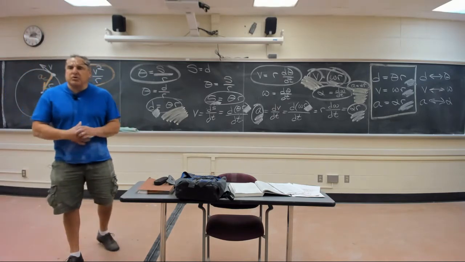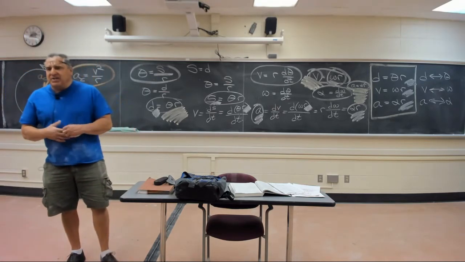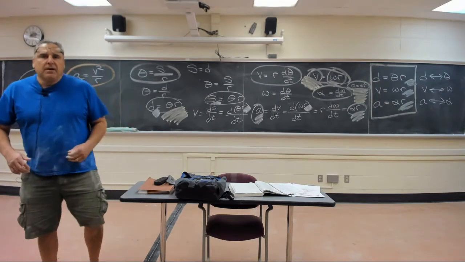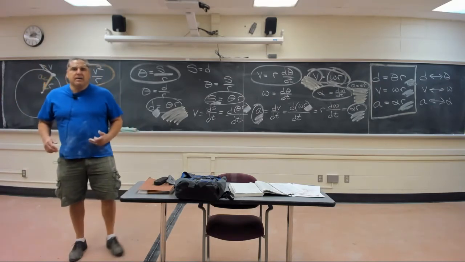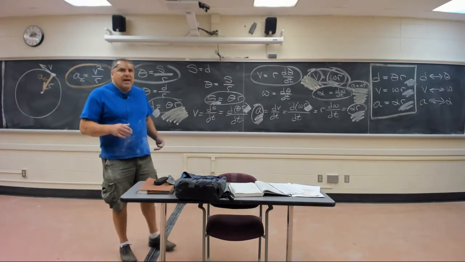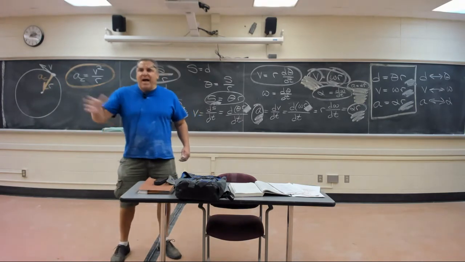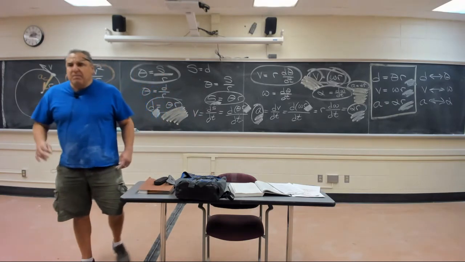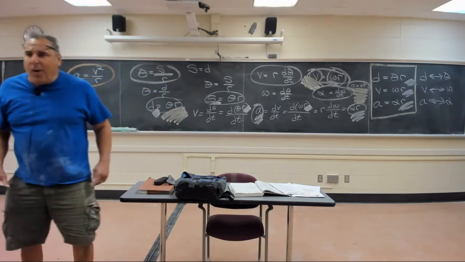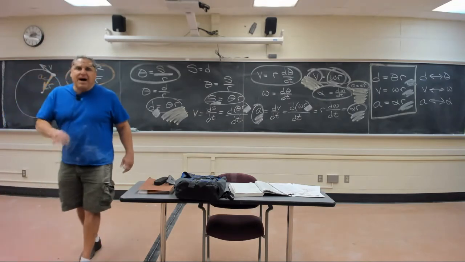We used those translational equations. We derived a lot of stuff. VF equals VI plus AT. When I replace the V's by omegas and the A's by alphas and the D's by thetas, all the equations hold. You're going to find that fascinating.